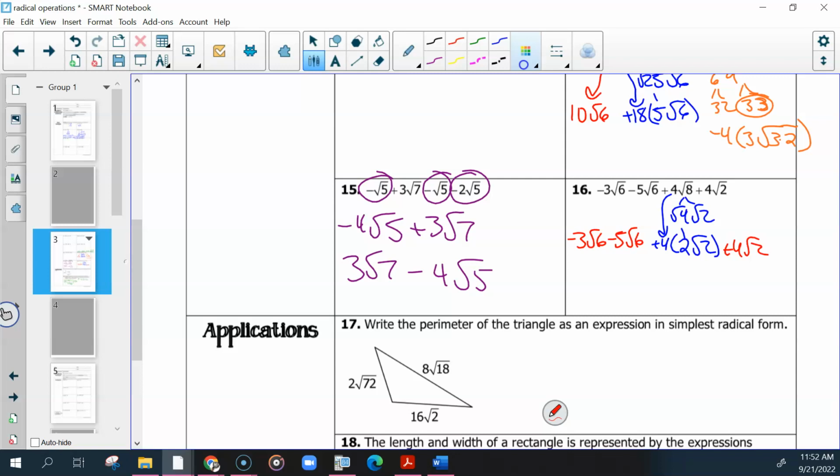So then we would multiply and simplify. Do that. Multiply and then simplify. Tell me what you get.